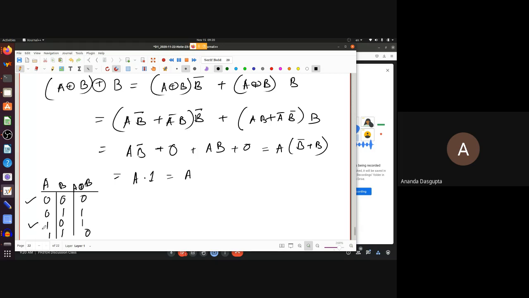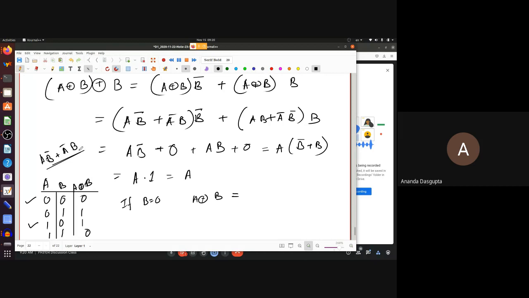If B is 0, the output is exactly what? How do you compare the output with A in that case, if B is 0? Either look at the truth table or simply look at A B bar plus A bar B and try to figure out what happens when B is low from here.